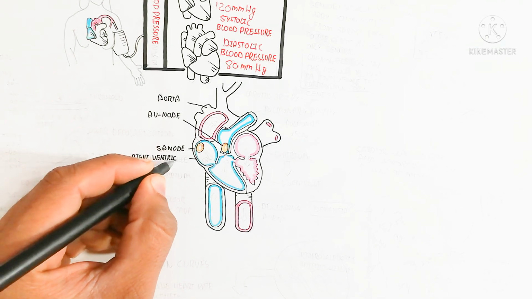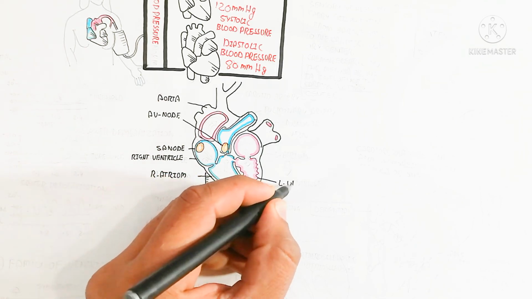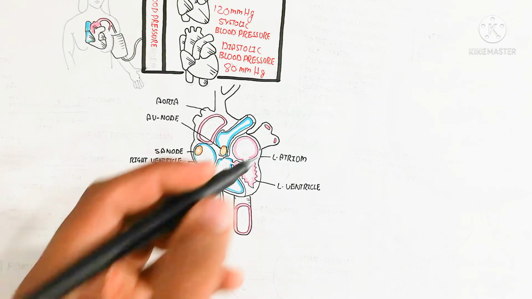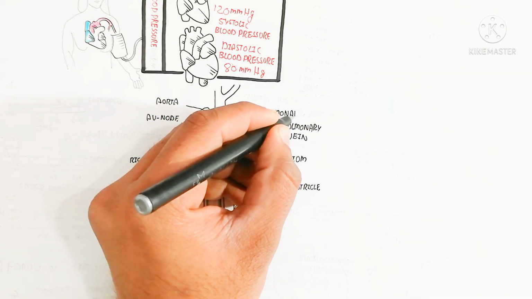Let's begin with a general overview of the heart. Here is the aorta, and here are the AV node and SA node. And here are the left atrium and left ventricle, and the right atrium and right ventricle.